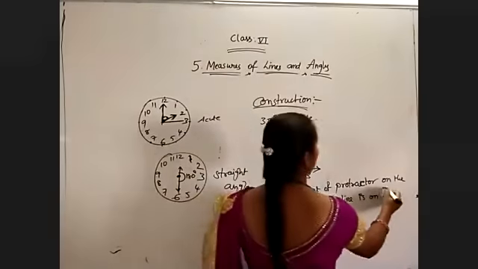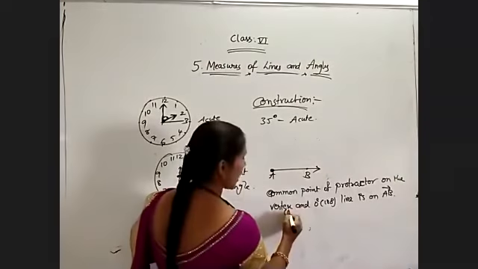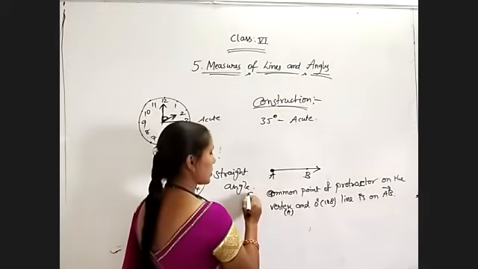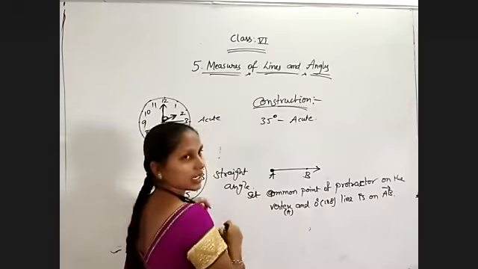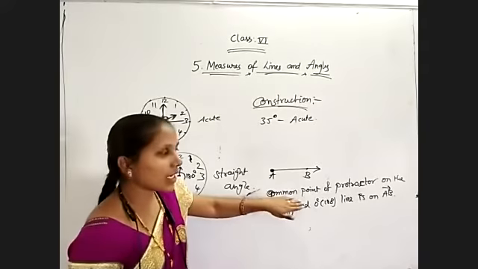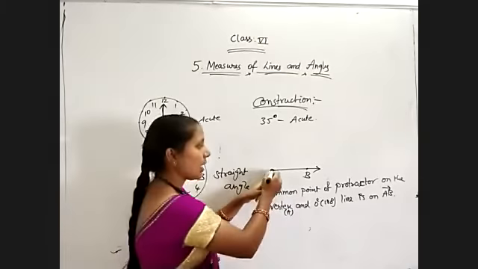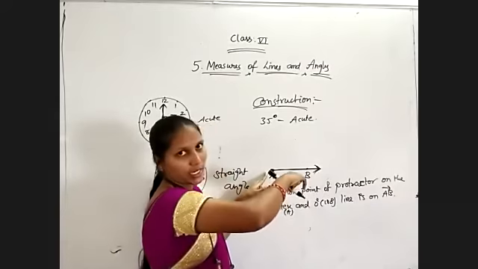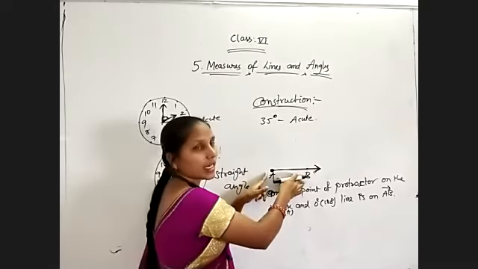Ray AB on the vertex A, and the 0 degree or 180 degrees line is on AB. So set your protractor. Set the protractor. The common point of the protractor should be on A, and the baseline 0 degree or 180 degrees line should be on AB.